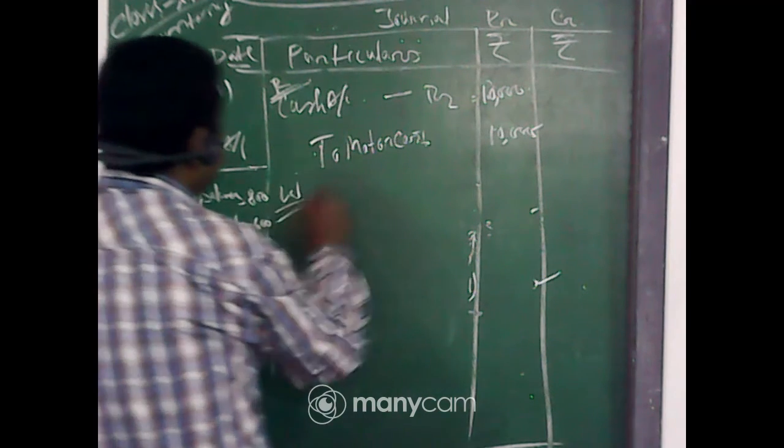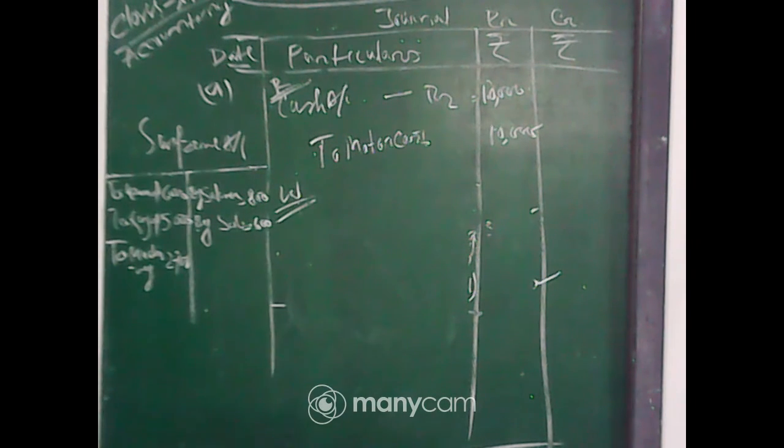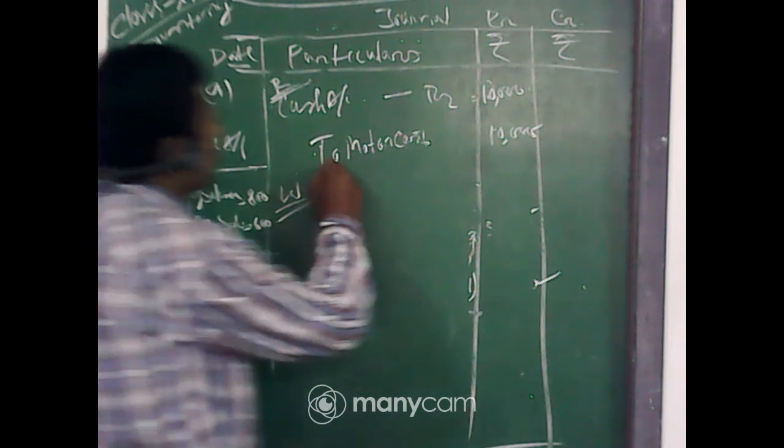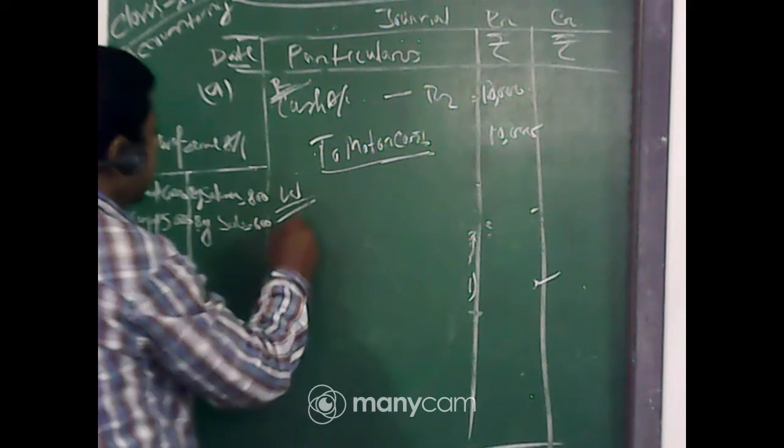What is the wrong entry? What they actually made was credited to sales account as rupees 6,000, instead of motor car.